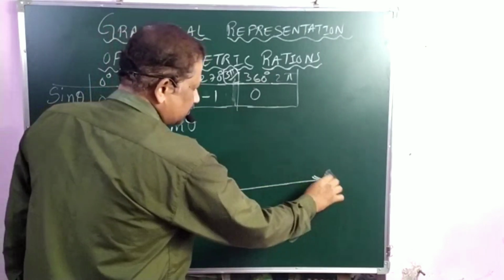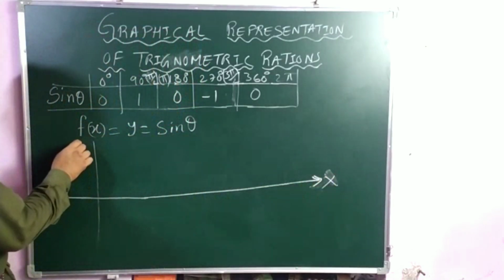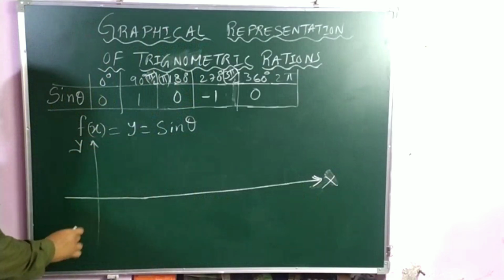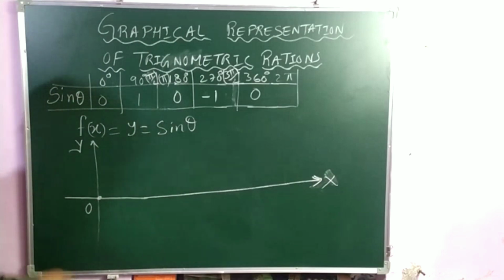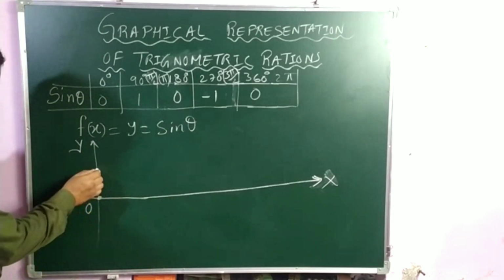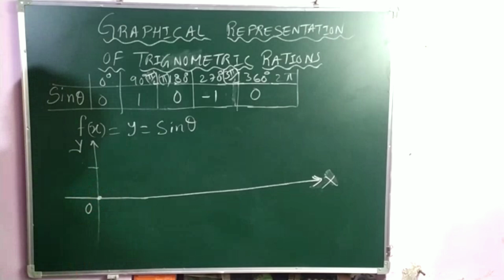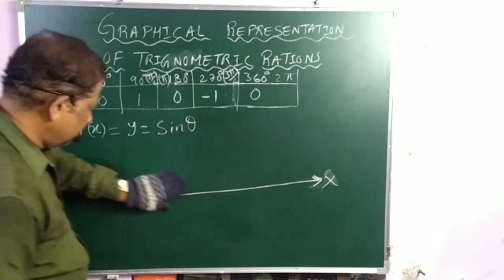So this is x axis, sorry, and this is y axis. So it is origin, it is 0. From this, this is 1.